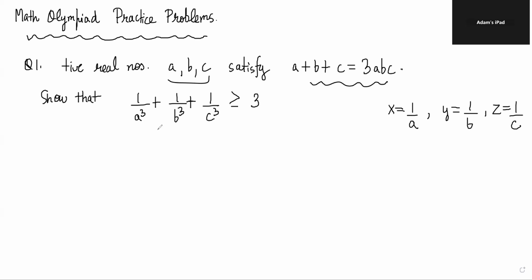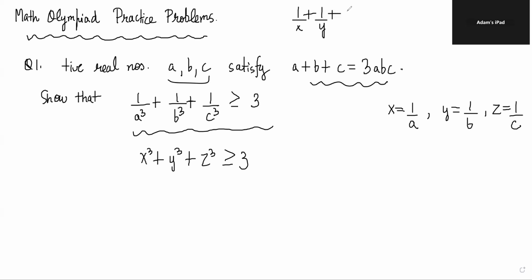If I use this substitution, the inequality that I have to prove becomes x cube plus y cube plus z cube is greater than or equal to 3, right? And this condition becomes 1 by x plus 1 by y plus 1 by z is equal to 3 by xyz, which basically means that xy plus yz plus zx is equal to 3, right?